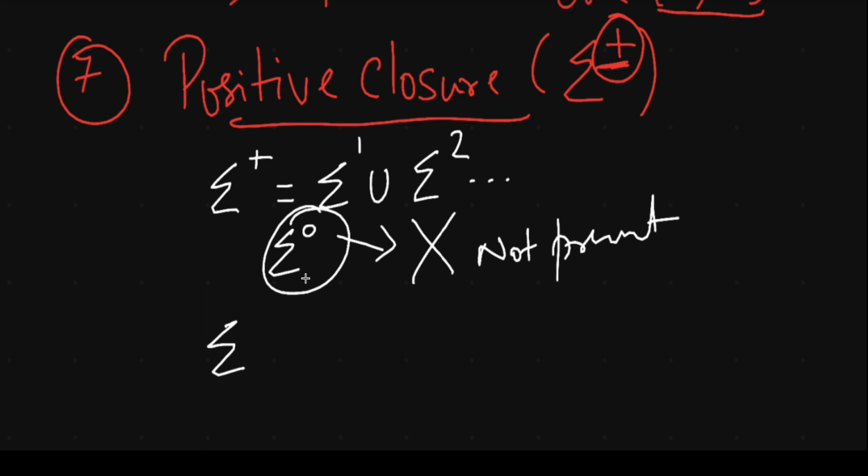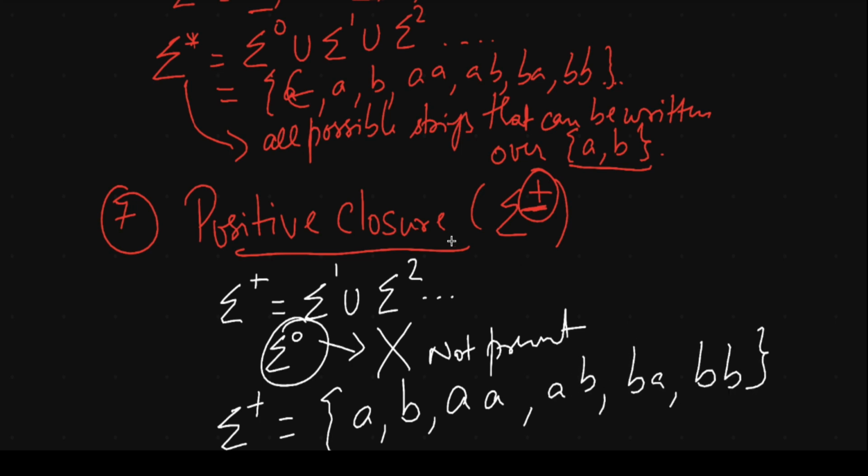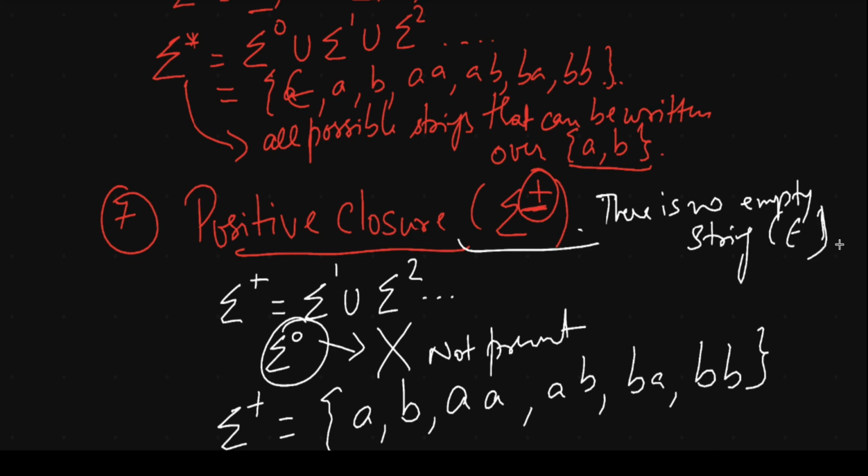So sigma plus would be A, B, AA, AB, BA and BB. In positive closure there is no empty string.